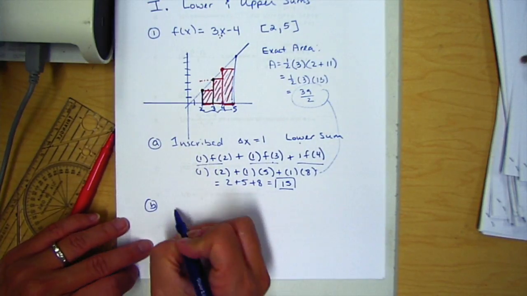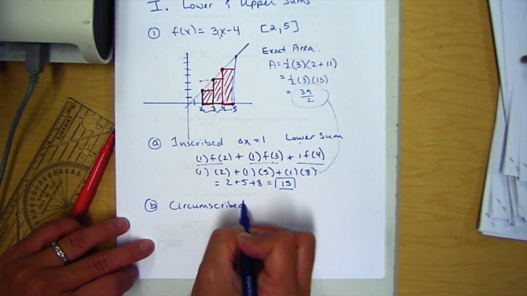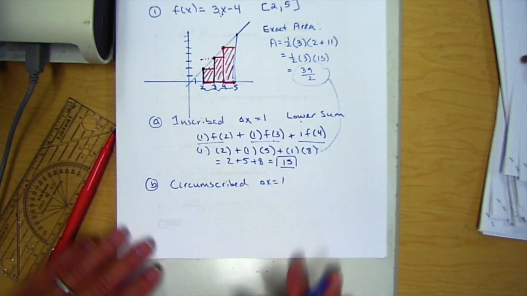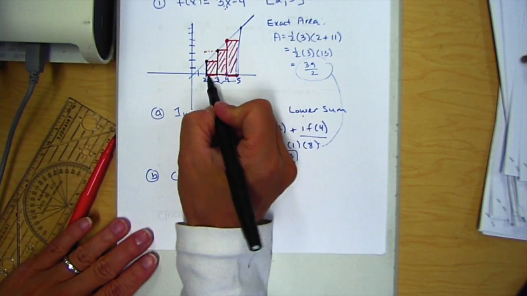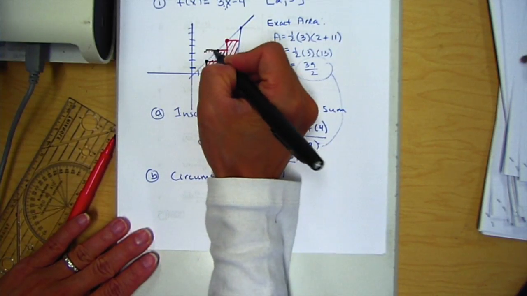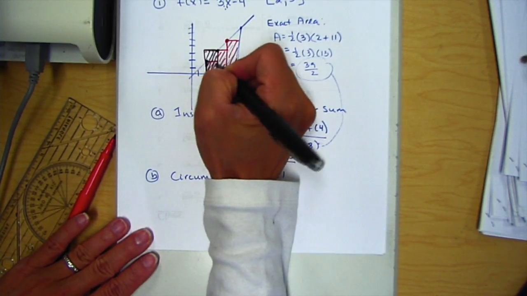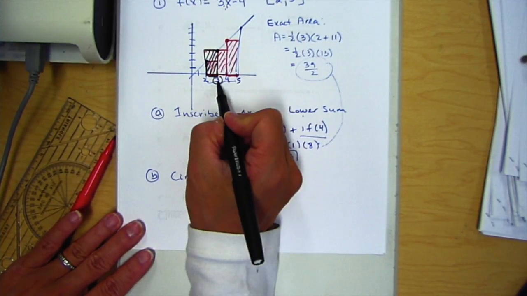Next, we're going to do the same thing, but this time we're going to use circumscribed rectangles. All that means is that you want the rectangle to hit the curve above the curve, or outside the function. Again, the width of the rectangle is still 1, but this time my rectangle is going to hit here. There's my first rectangle. The height of that first rectangle is actually f of 3.